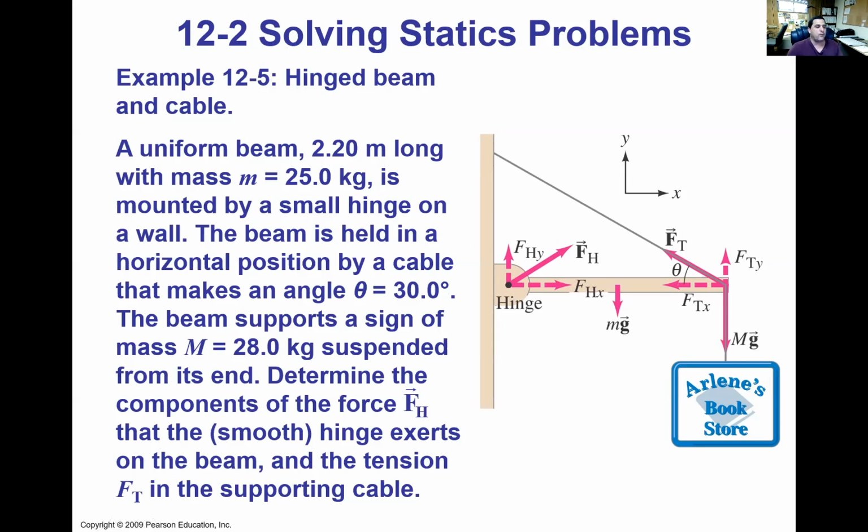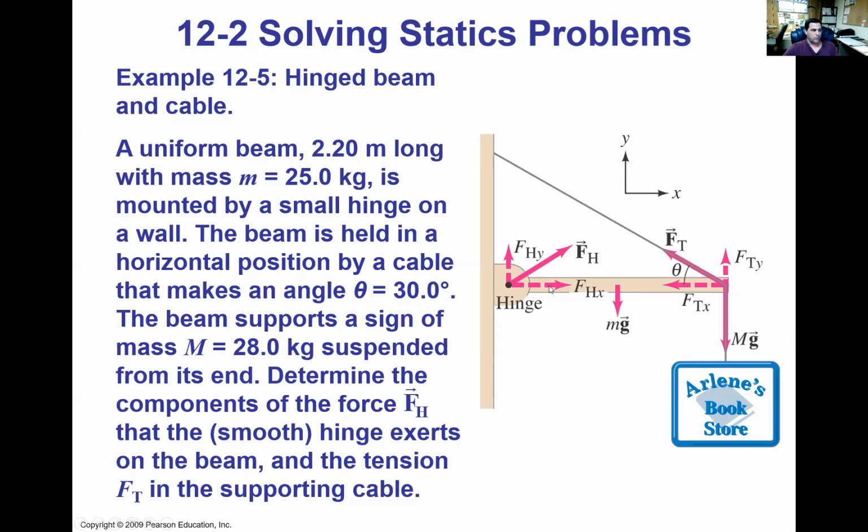So how do we get started? Well, we can look at sum of forces in the X and the Y, and we'll do that. But we also need to sum torques. Now, if we were to sum torques about the hinge, we would have the beam itself, the sign, and the tension in the cable to deal with. If we were going to sum torques about this end, we don't have to deal with the tension in the cable.